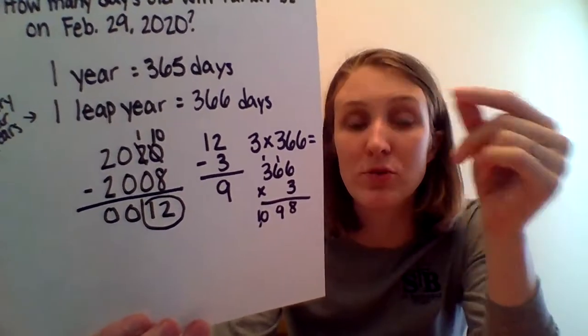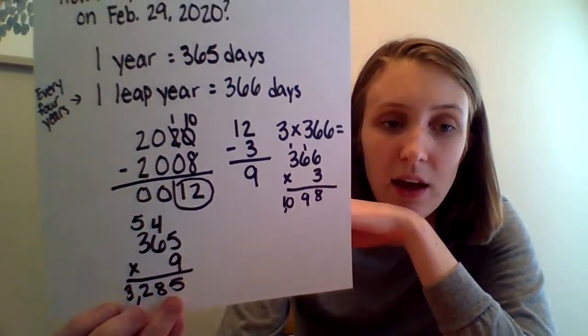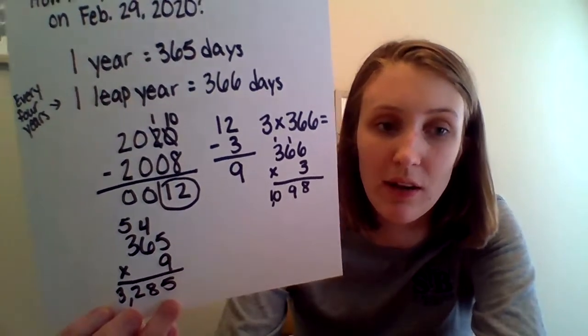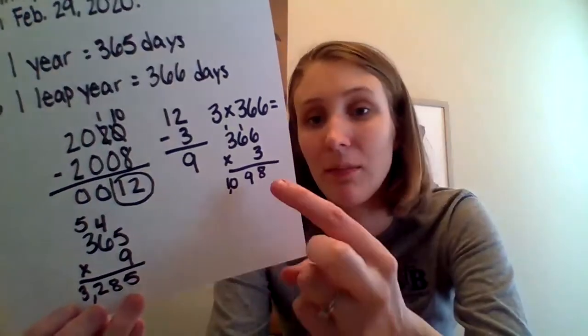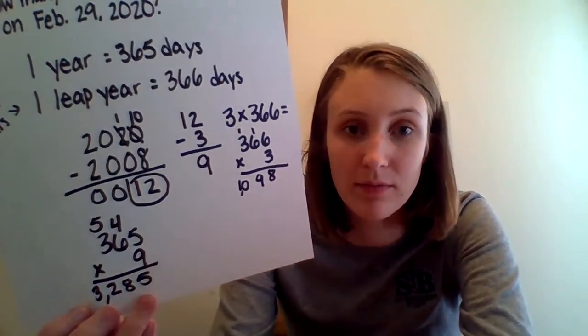So let's do 365 times 9. When I did 365 times 9, I got 3,285.